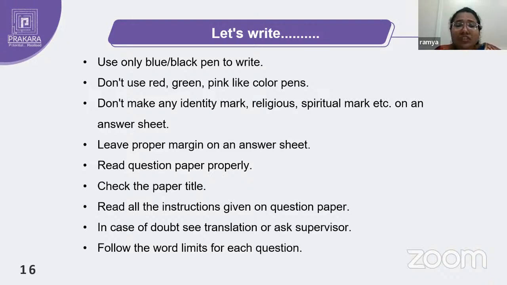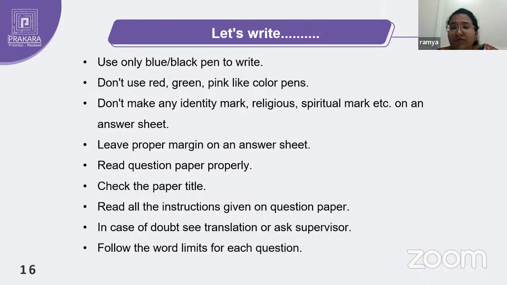The next is you should check the paper title. You should see whether the examination you have prepared for and the paper which was given are the same or not. In such a way, you should check the paper title also and read all the instructions given on the question paper. Before you write the answer or start your examination, you should check all the instructions.